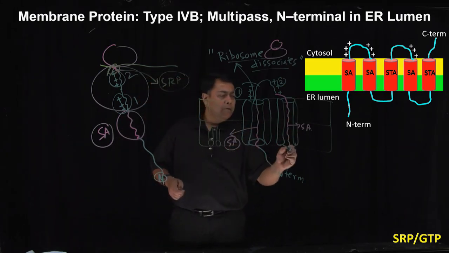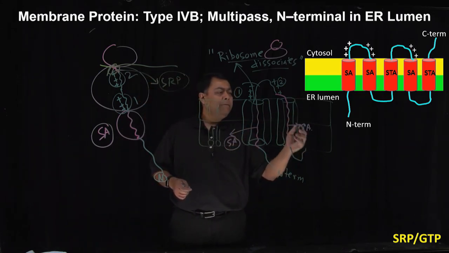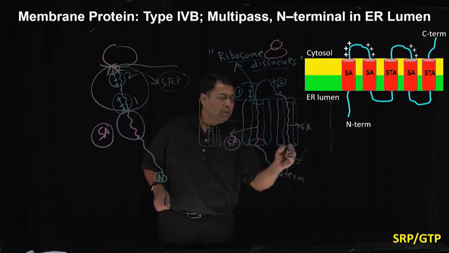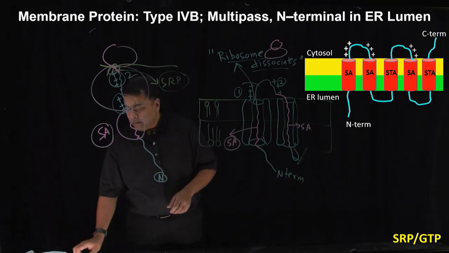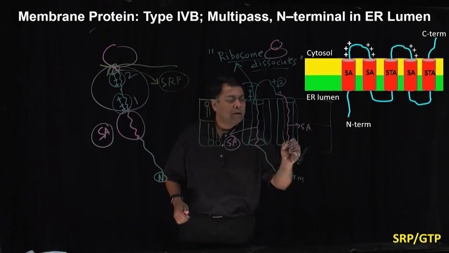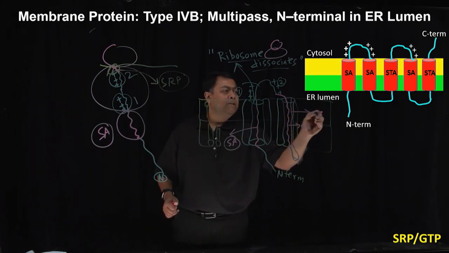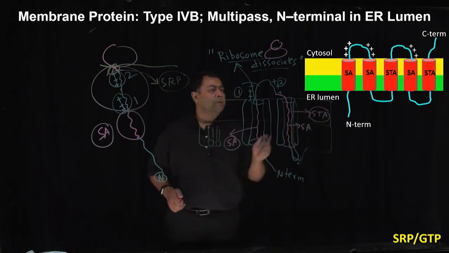So what will happen now, you have the loop, and after that, from the loop, so let me draw it this way, it will be the loop, and now the next hydrophobic sequence is inserted the same way right here, and this will be an STA, stop transfer anchor sequence.